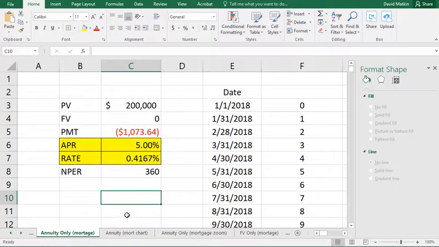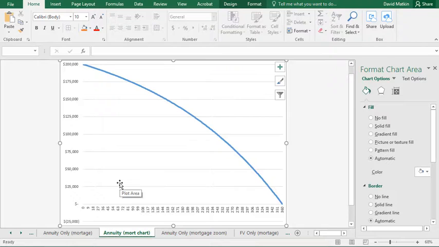So let's look at the intuition of that using a graphic. Here's the intuition of having $200,000 today and the value of that $200,000 being paid off all the way down to zero in an even percentage rate to get us down to zero after 360 periods. So here's the bend of the curve.